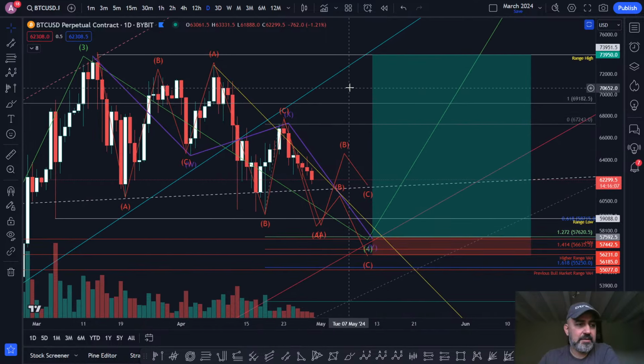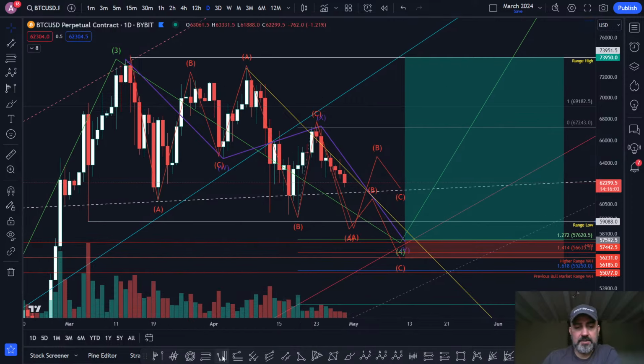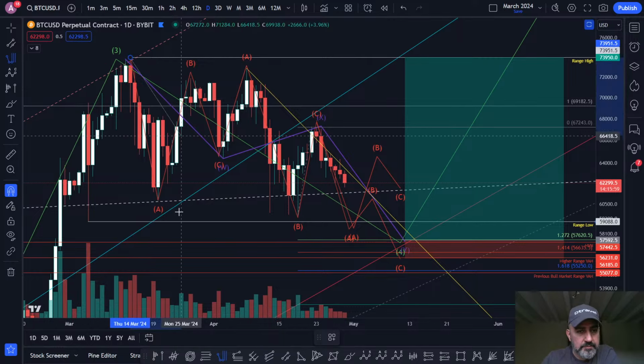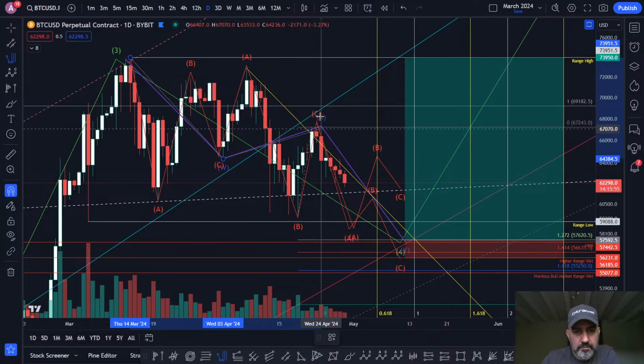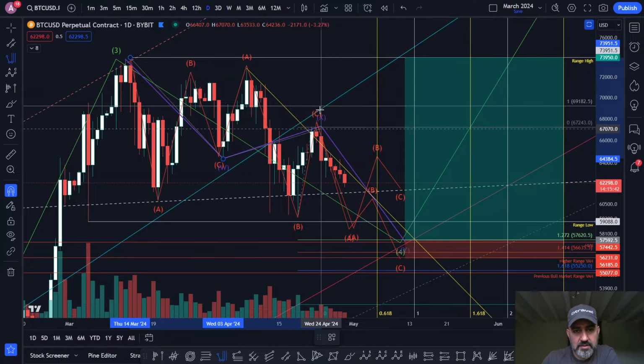So based on that idea, I'm thinking we might be able to do some kind of fib time as well. I'm not sure which pivot to use here, because there's three, maybe the middle one.